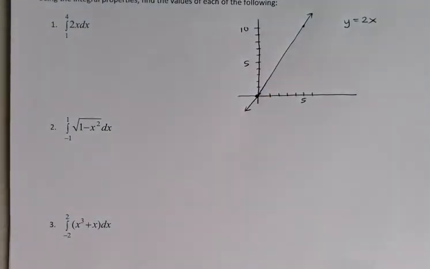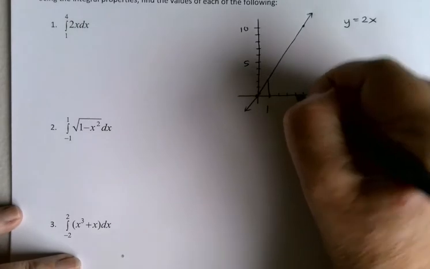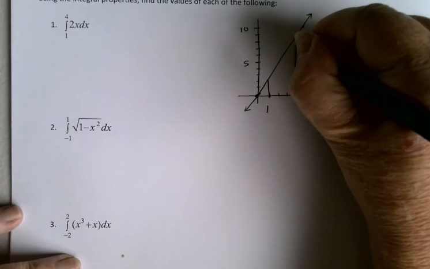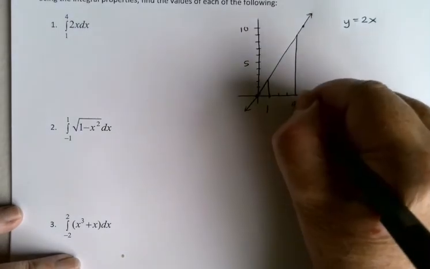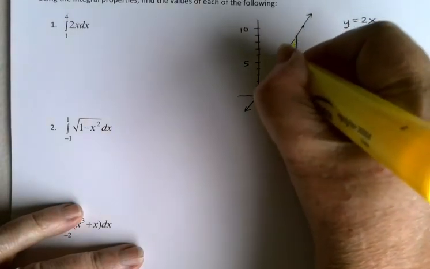And we specifically wanted the integral from 1 to 4. So that would be the area under this graph from x equals 1 to x equals 4. So my integral represents this area.